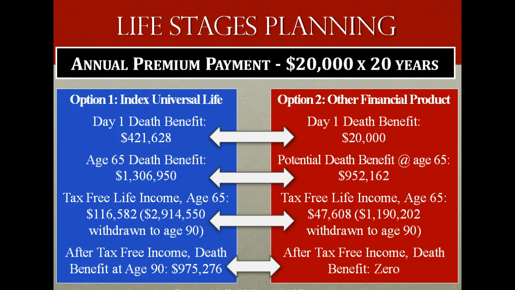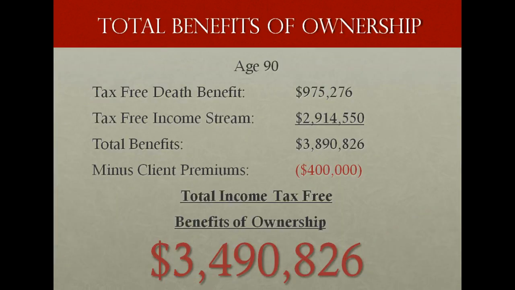Now we also look at this illustration from the big picture. We call it total benefits of ownership at age 90. We have the tax-free death benefit at age 90 of $975,000, and the total tax-free income that has been withdrawn from age 65 to age 90 of $2,914,000.